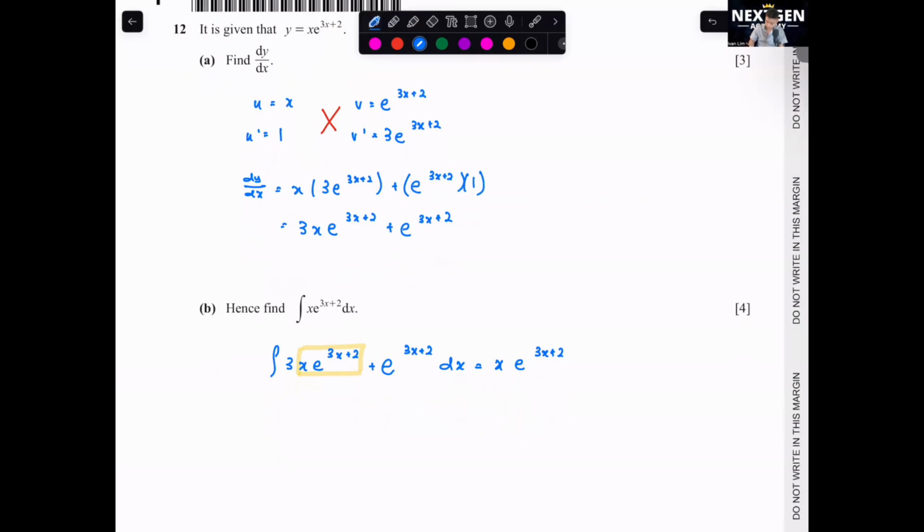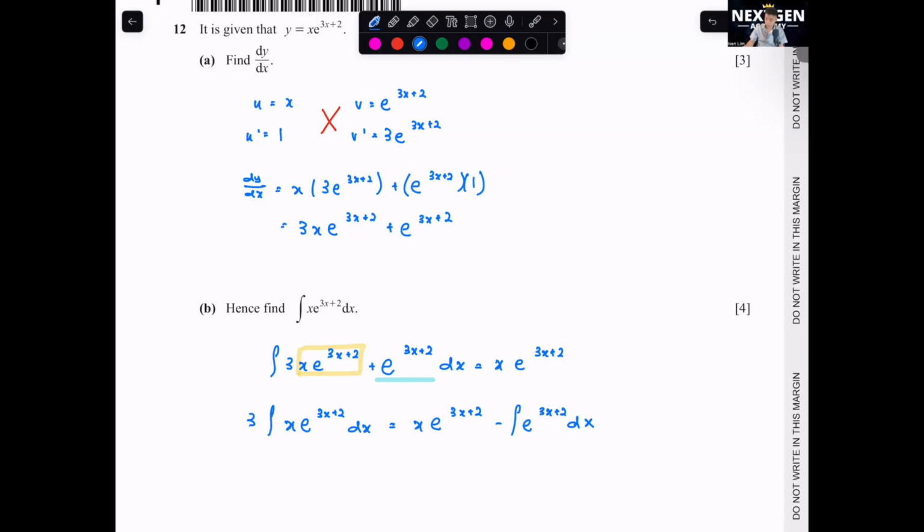So how can we write it? We can write it as 3 integral of x e to the power of 3x plus 2 dx. This part here, we move it to the right-hand side, and it will be an integral. So here will become e to the power of 3x plus 2 minus integral e to the power of 3x plus 2 dx.